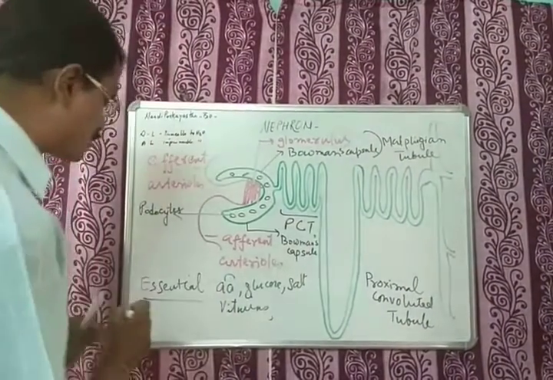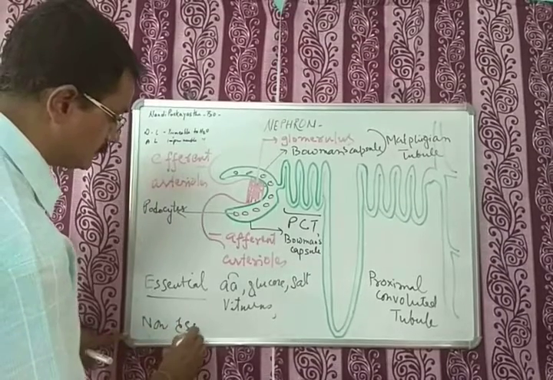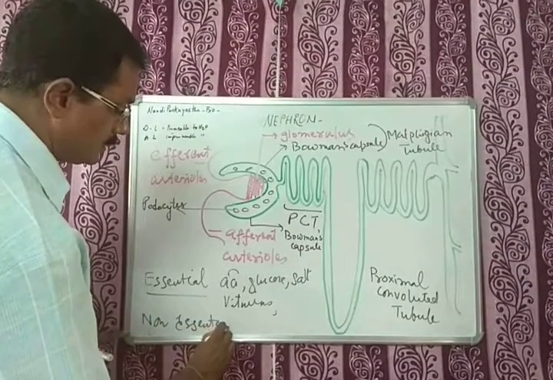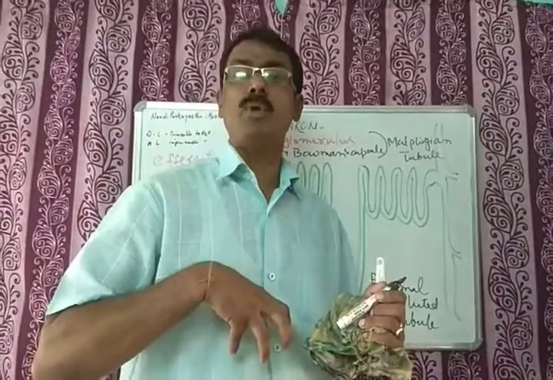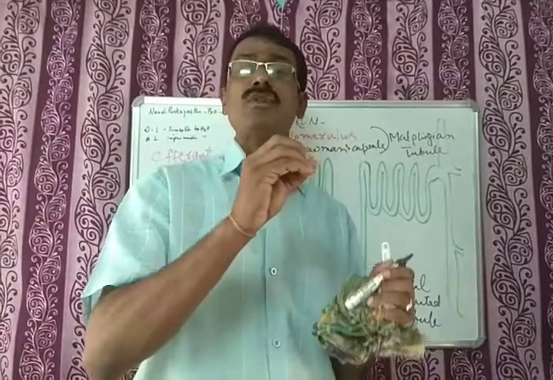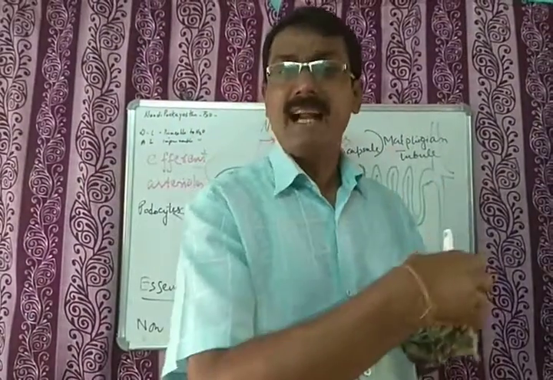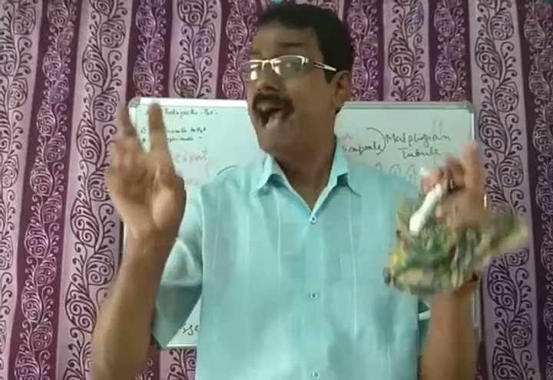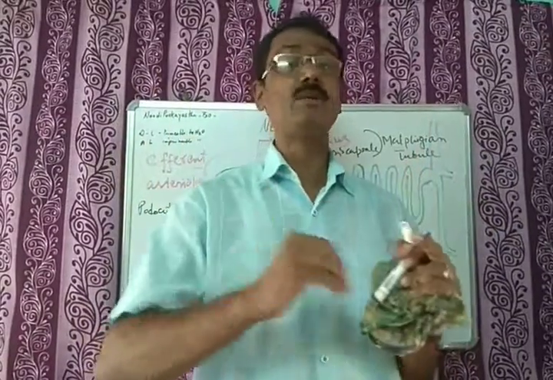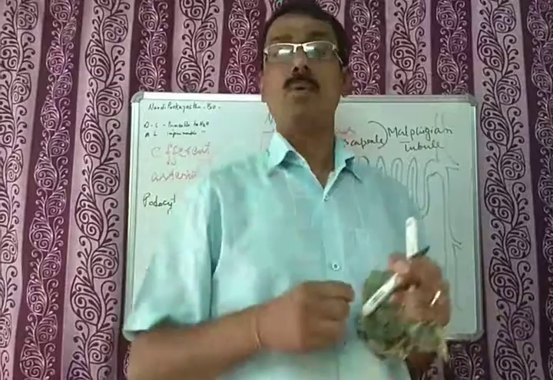And what is non-essential? Non-essential means waste material which is not needed by the body. Water forms around 90% of the total materials expelled from the body. Then creatinine and nitrogenous waste. These need to be eliminated. If they remain in the body, they create problems.